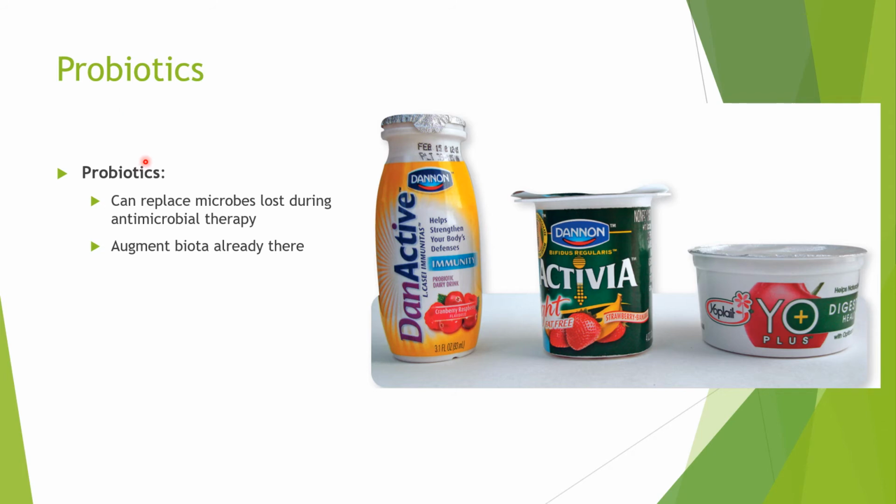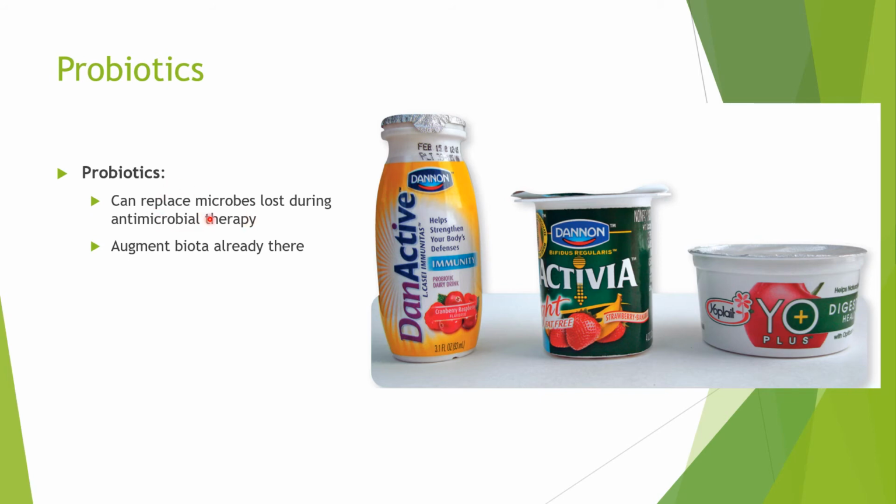Why should you be taking those probiotics while taking your antibiotics? To basically replace those helpful microbes that you were killing along the way, because as I said, most likely you're taking a broad spectrum antibiotic that's killing a whole lot of unnecessary microbes that don't really need to be killed, but they get killed along the way.